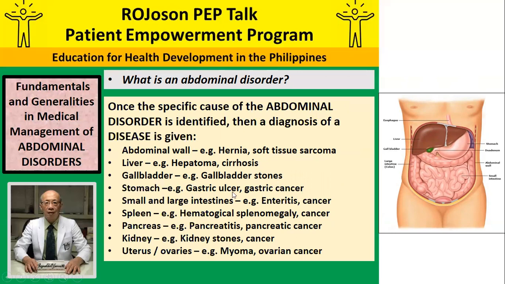Stomach, gastric ulcer, gastric cancer. Small and large intestines, enteritis, cancer. Spleen, hematological disorders, splenomegaly, cancer. Pancreas, pancreatitis, pancreatic cancer. Kidney, kidney stones, cancer. Uterus and ovaries, examples would be myoma and ovarian cancer.